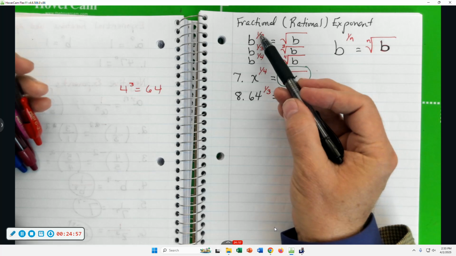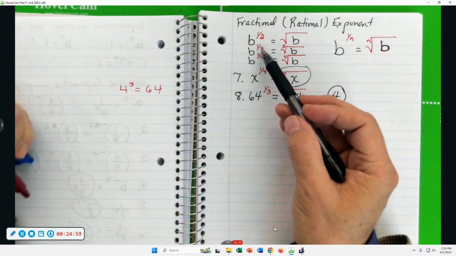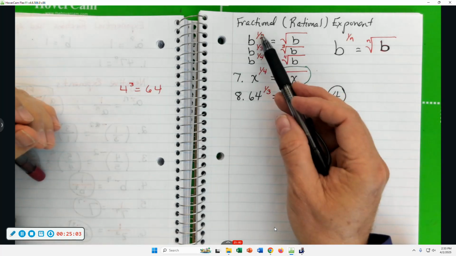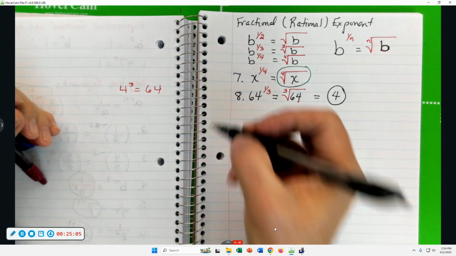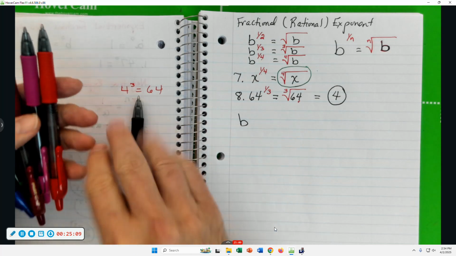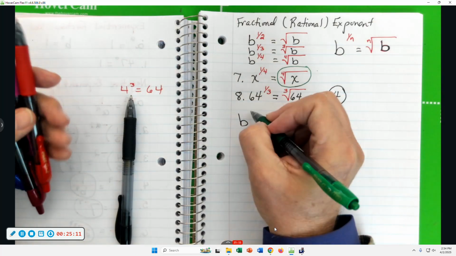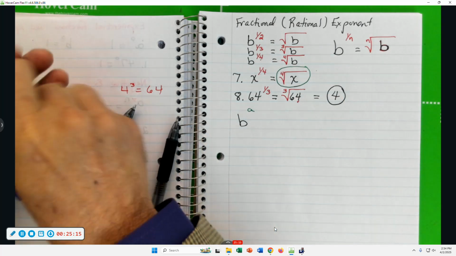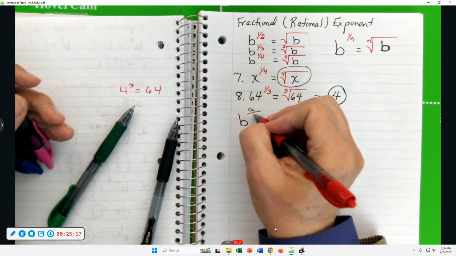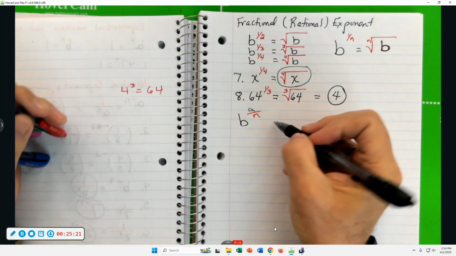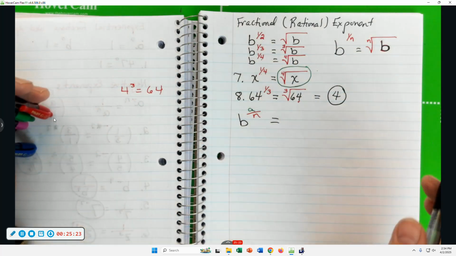Notice in these statements here, the exponent's numerator was a 1 in all of them. Suppose it's something other than a 1. If we have a base raised to the a over n power, a fractional exponent means a radical.